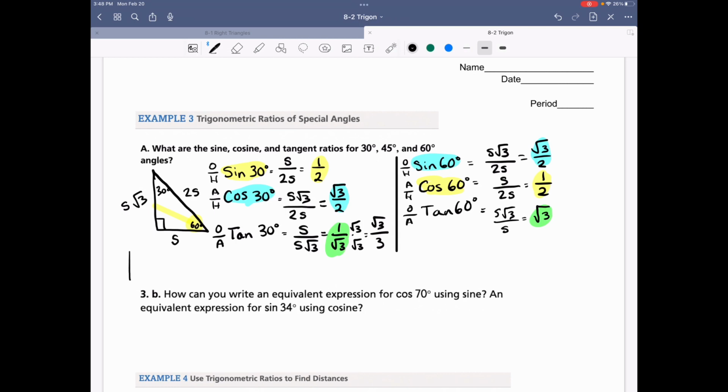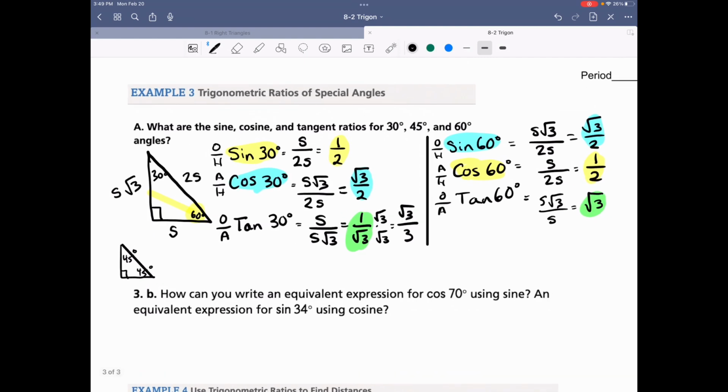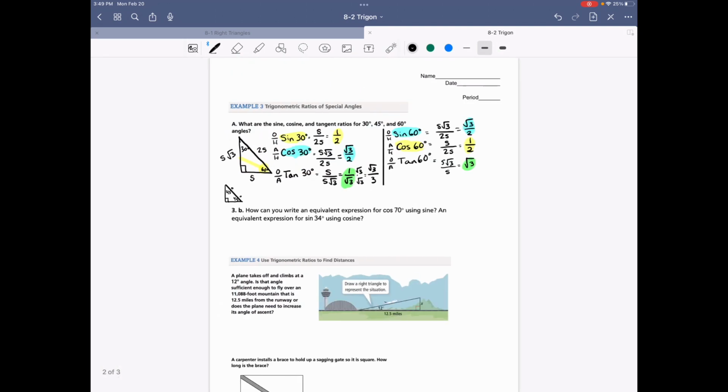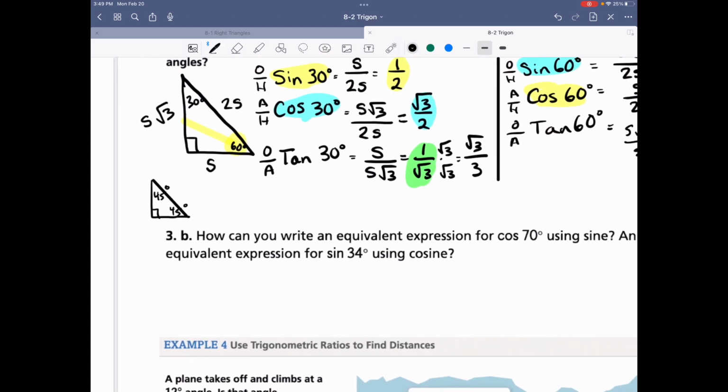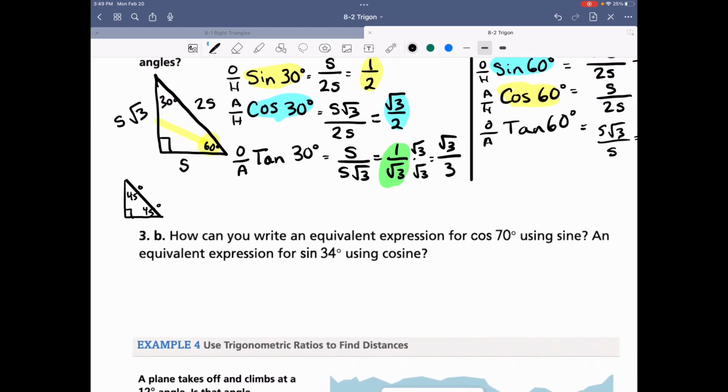And so I'll draw, remember I said I would save that triangle for later. So this is a 45, 45, 90 triangle. And we want to find the sine of that.